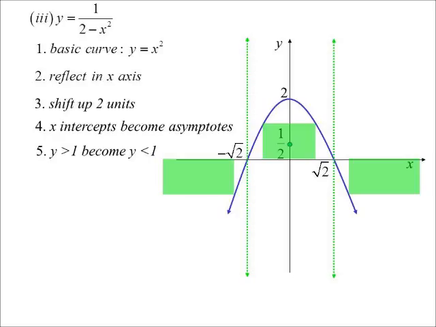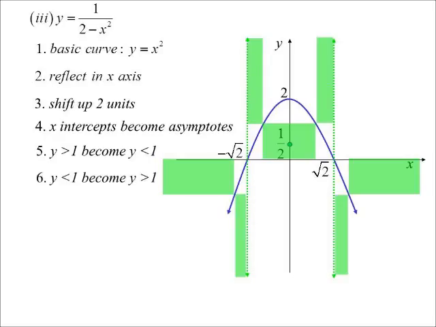If I start at the asymptote and go towards the y-axis, until I hit where y is equal to 1 on the curve, that curve is below 1. So my new curve will be above 1 in that green area somewhere. Once I go past that, the curve is above 1, so it'll become below 1.